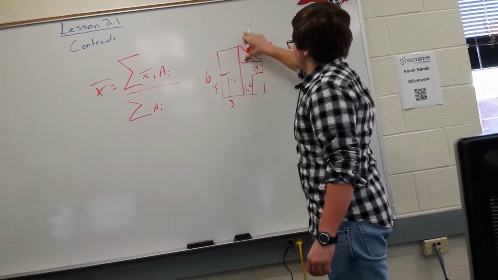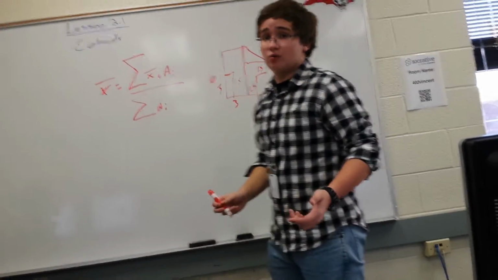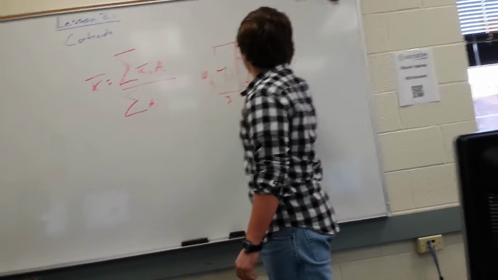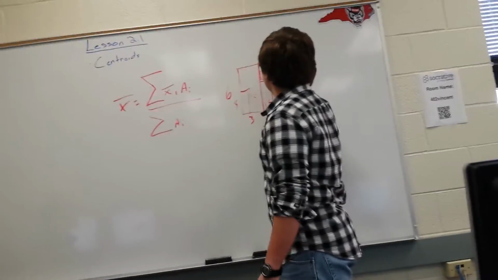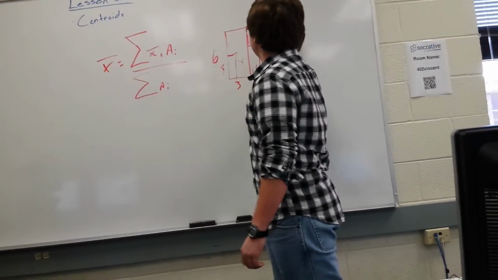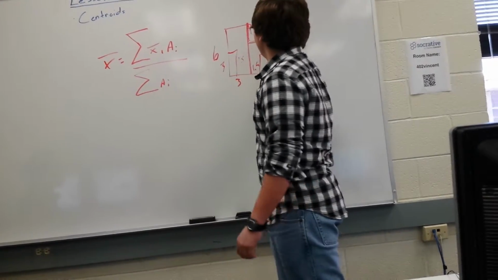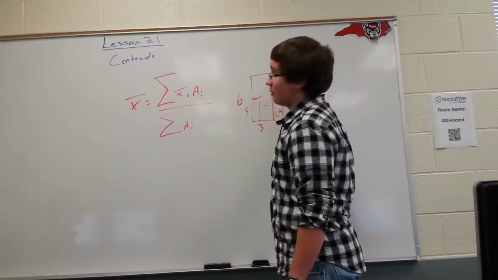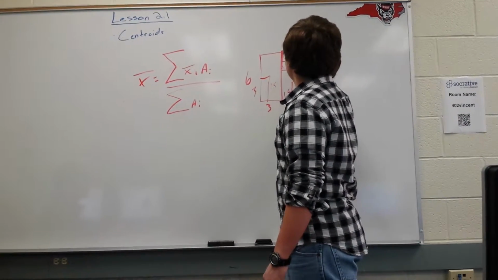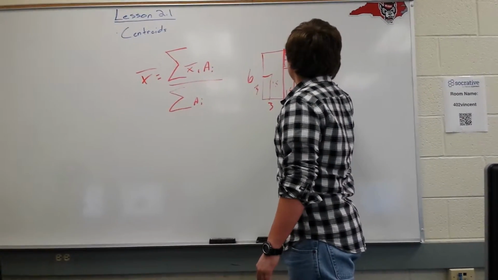And then this, since it's a triangle, you gotta find the height, this side, and then this side, divided by 3. Since this is 3, divided by 3 is 1, and since this is 3, divided by 3 is 1. So this is where you find all of your centroids.